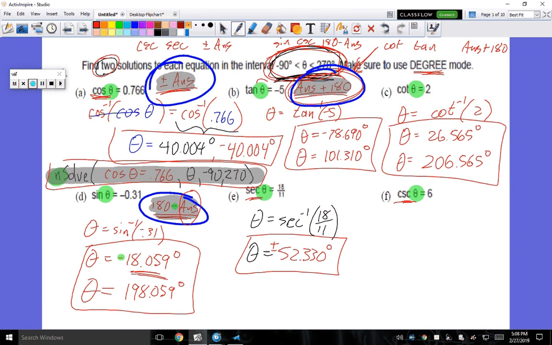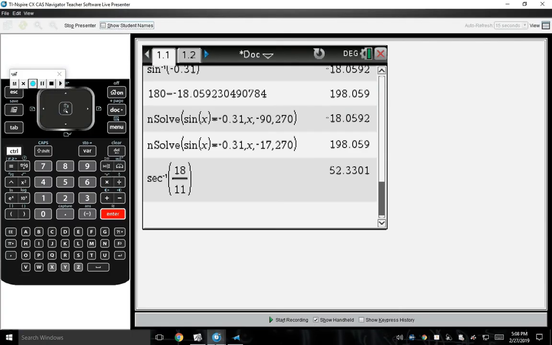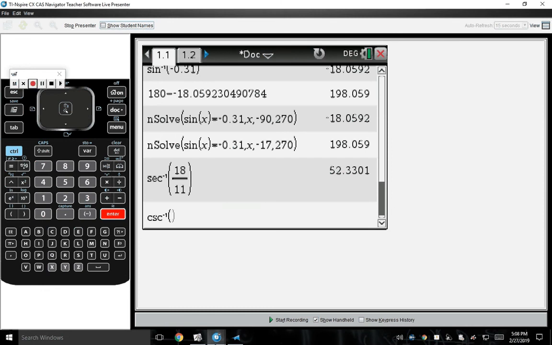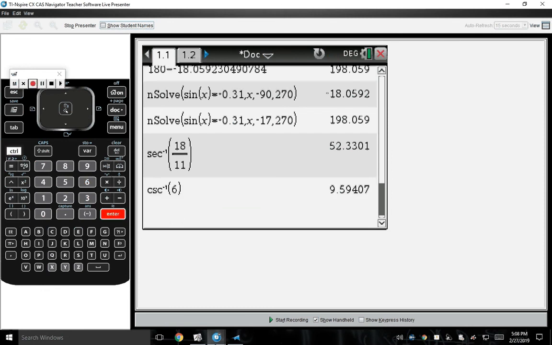Let's go over here where something is just like sine. So here's cosecant, which is the reciprocal of sine. So when we get our answer, we're going to subtract it from 180 to get the other answer. Okay, so theta is equal to inverse cosecant, or arc cosecant, of 6. So in our calculator, again, we're going backwards to find the angle. We'll have arc cosecant of 6, and we get 9.594.